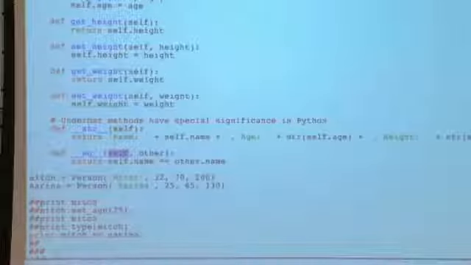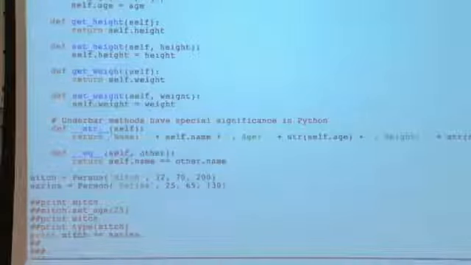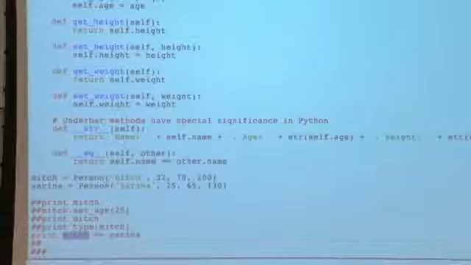Does it have this method name? And in this case, it does. So it says, okay, this object is capable of comparing itself to another object for equality. And so it calls this method, and self in this case is the Mitch object, is this guy, and other is the Serena object, sorry.